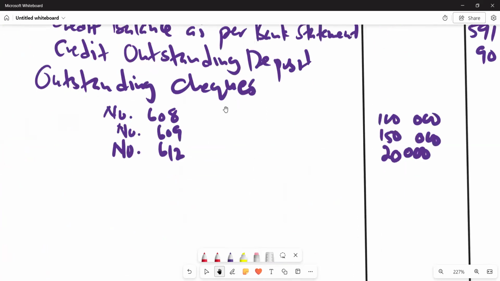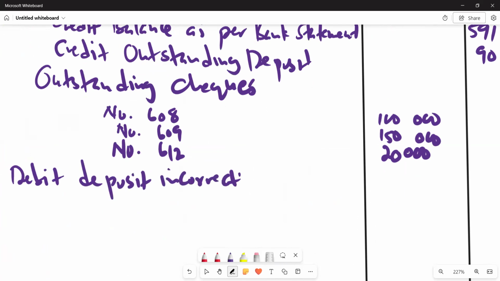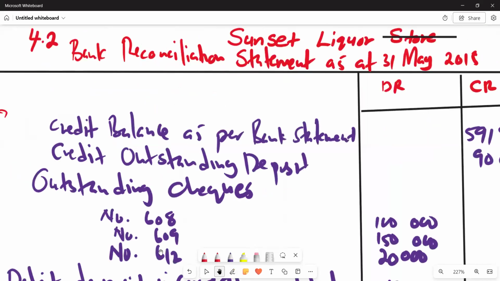We are saying debit deposit incorrectly credited. So we are going to put it on the debit side, which is 18,000. And you can try to check on the next one.